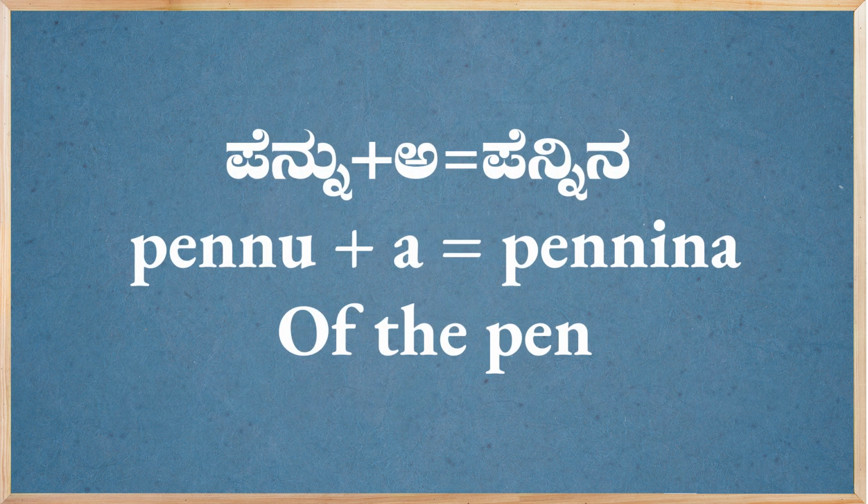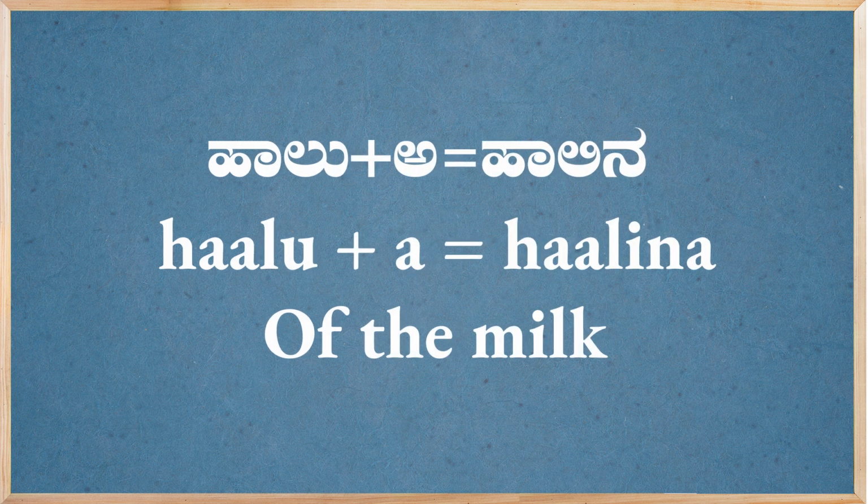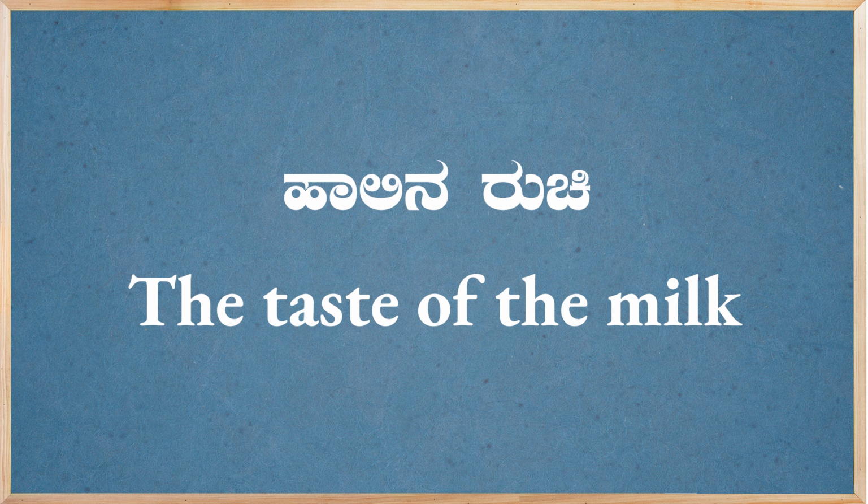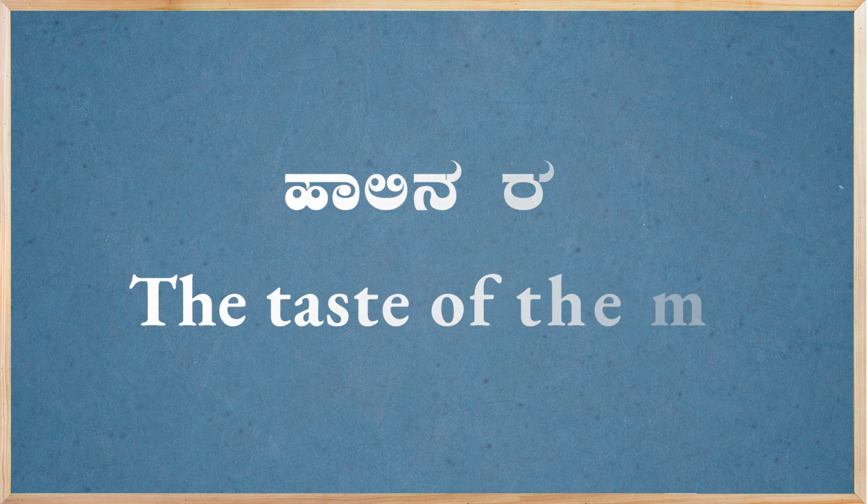Pennu plus a becomes Pennina. Pennina, which means of the pen. Halu plus a becomes Halina. Halina, which means of the milk. For example, Halina ruchi, the taste of the milk.